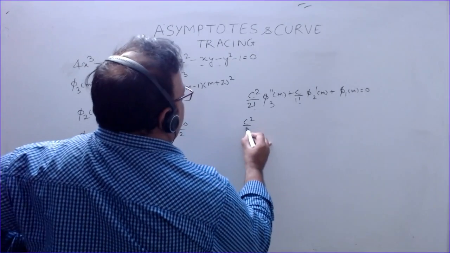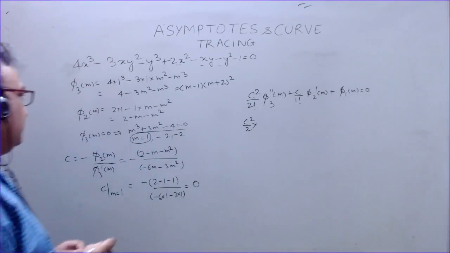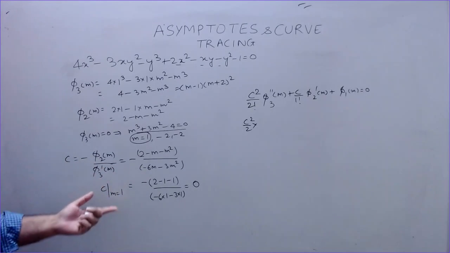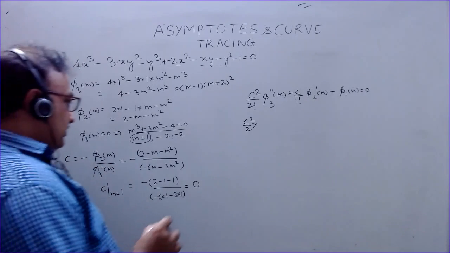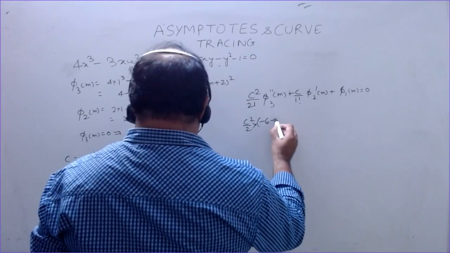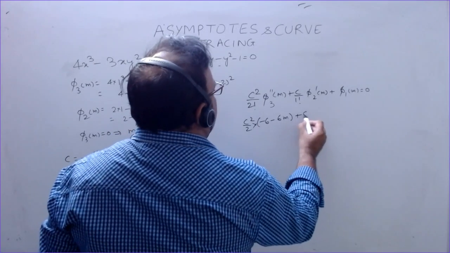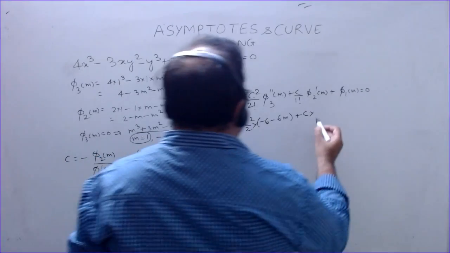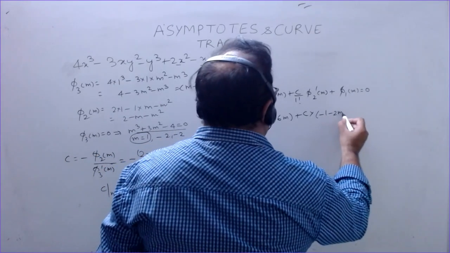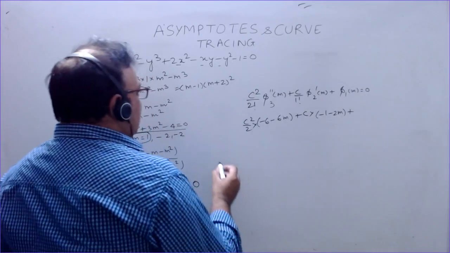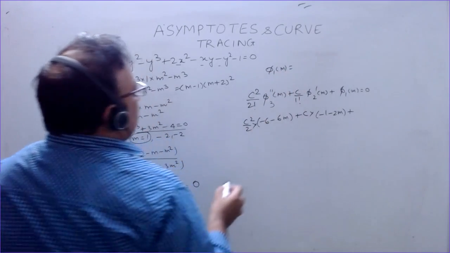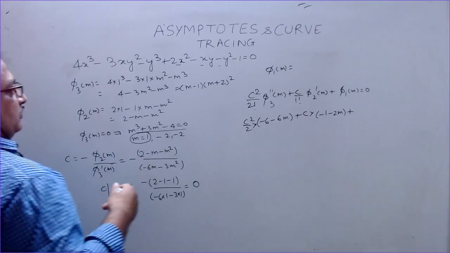So c square by 2, what is phi 3 double dash? Phi 3 dash is this. Its one more derivative is phi 3 double dash, minus 6 minus 6m, plus c into phi 2 dash. Phi 2 is this. Its derivative is minus 1 minus 2m, plus phi 1. What is phi 1? Put y equal to m, x equal to 1 in the first degree terms.